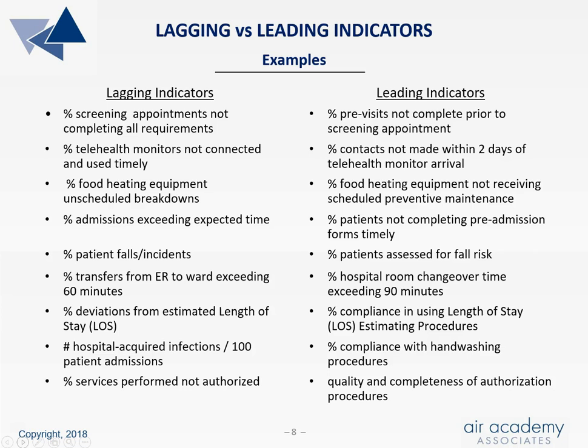A leading indicator would be something along the lines of percent patients not completing pre-admission forms timely. Last example of a lagging indicator, go all the way down, percent services performed not authorized. A leading indicator would be something along the lines of quality and completeness of authorization procedures.